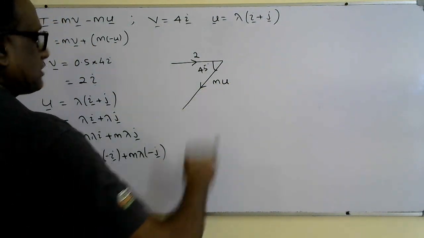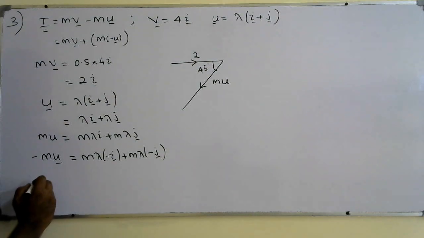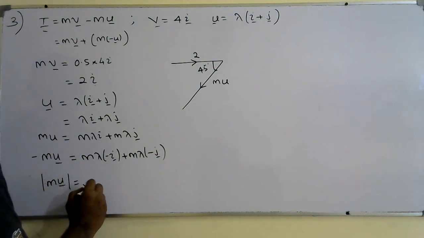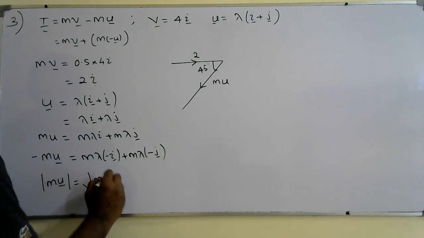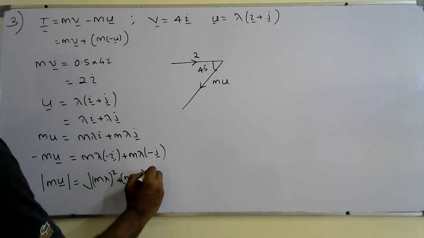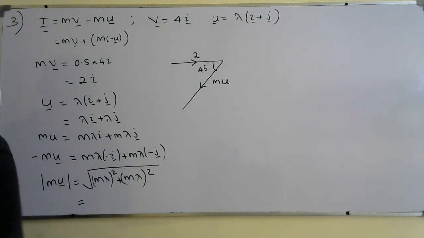Okay, what will be its magnitude? The magnitude of minus mu, we don't need to consider the minus when we consider the magnitude. The magnitude of mu is the square root of (m lambda) squared plus (m lambda) squared.